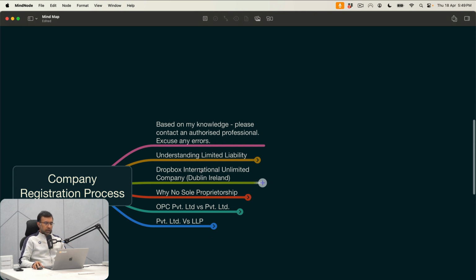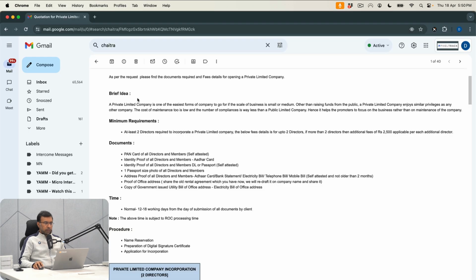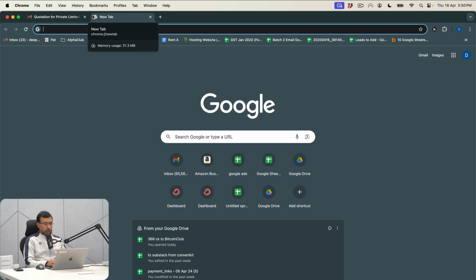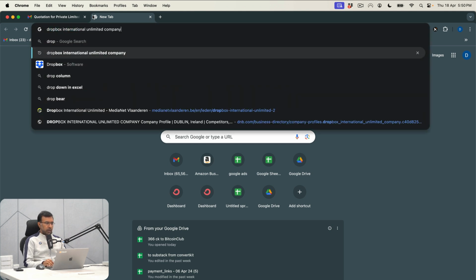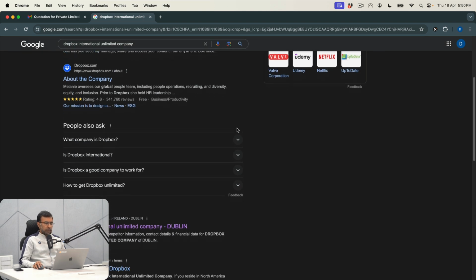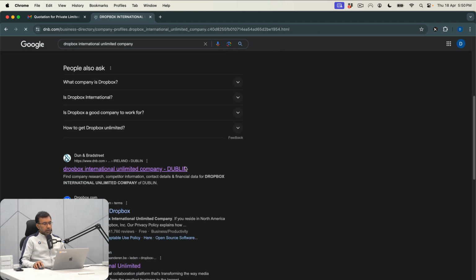The only company which I have seen which calls itself an unlimited company is Dropbox. So if I just go ahead and search for Dropbox International Unlimited Company, then you can see that it is registered in Ireland. They do it for some tax benefit purposes. And Dropbox International is an unlimited company, and this is the only company that I have seen which calls itself unlimited.